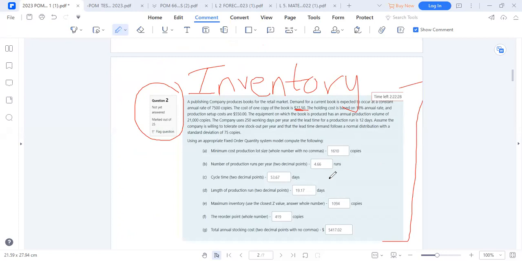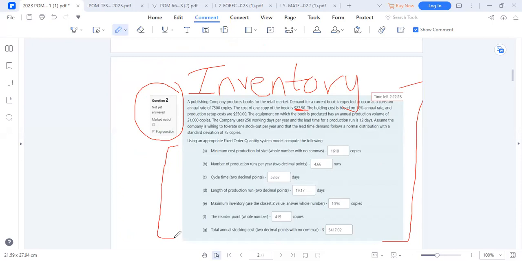Okay, so we can't answer these questions if you don't understand the formula sheet. You can't understand that question in that quiz or the test.